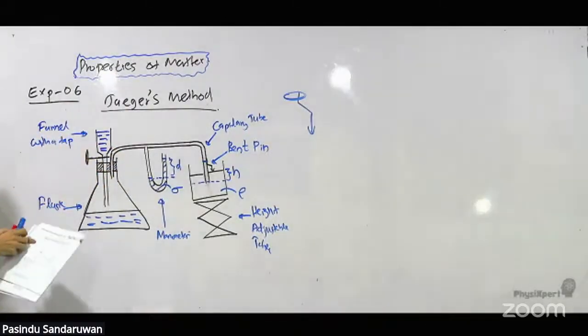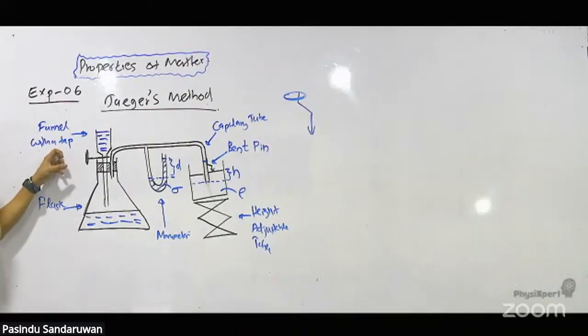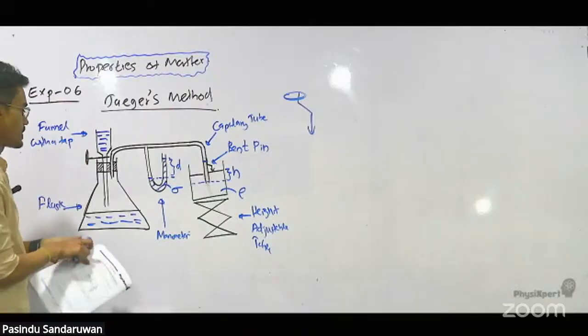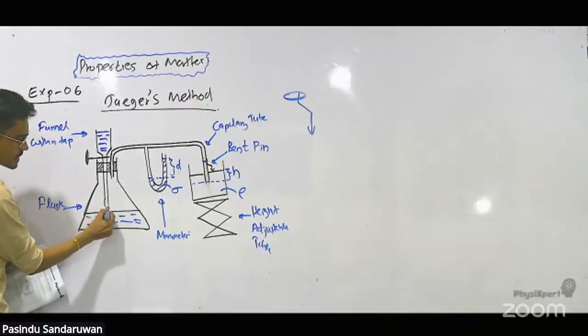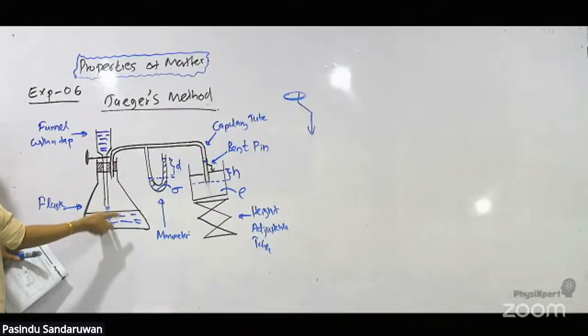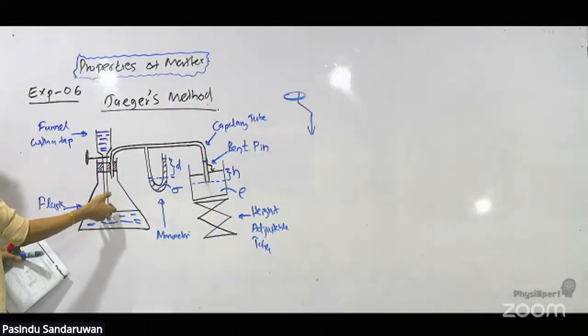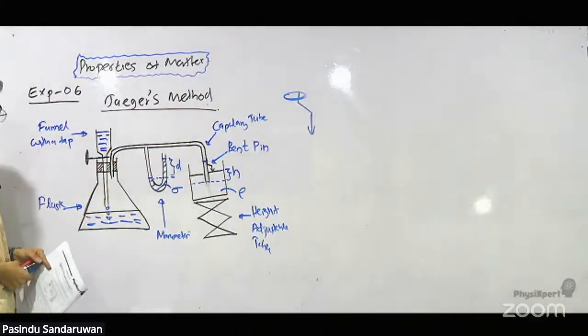Now what we do is we open the funnel. When the funnel is open, the water droplets from the funnel are added to this. When it is added, the volume of water increases. When the volume of water increases, the volume of the gas decreases, so the pressure increases.